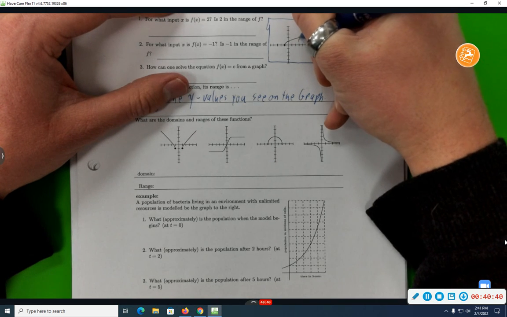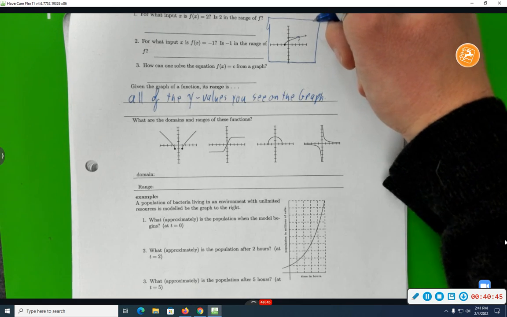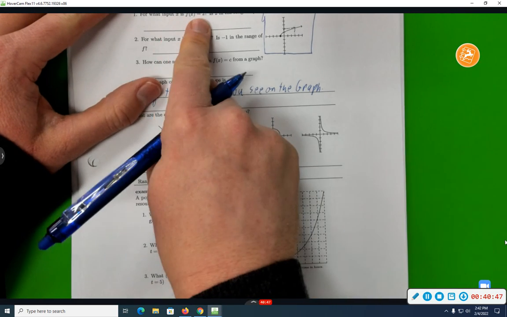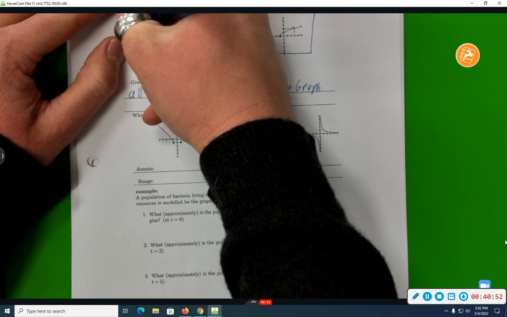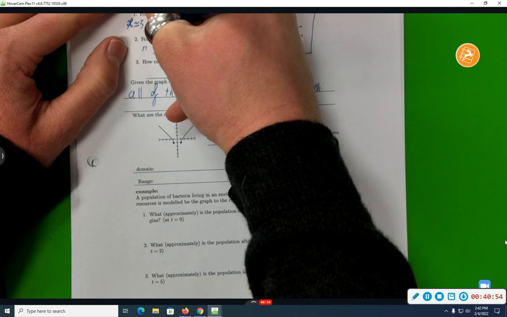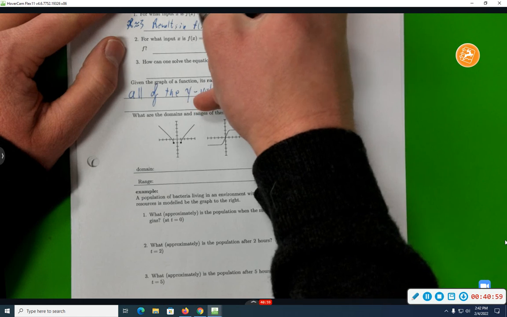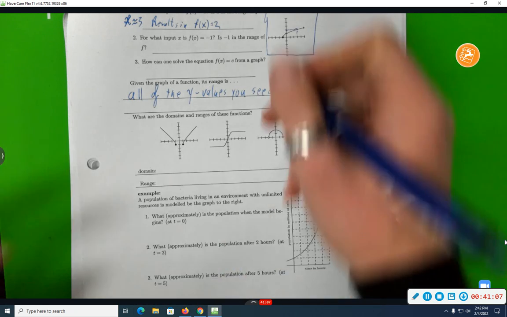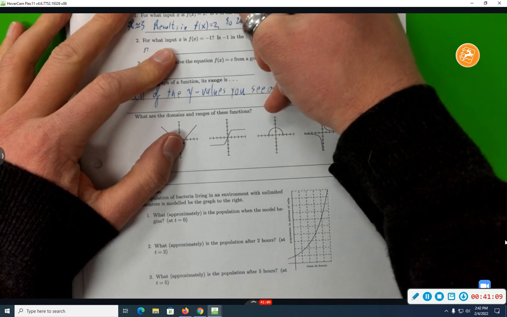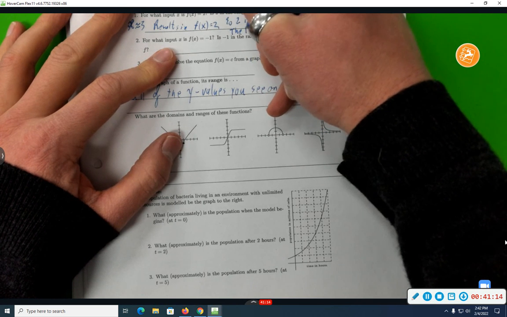There's an x value of 3. Yeah, it looks like you get to a y value of about 2. So what input x gives you f of x equals 2? It looks like x about 3 results in f of x equals 2. Cool, so some input gives you an output value of 2. So 2 is in the range.